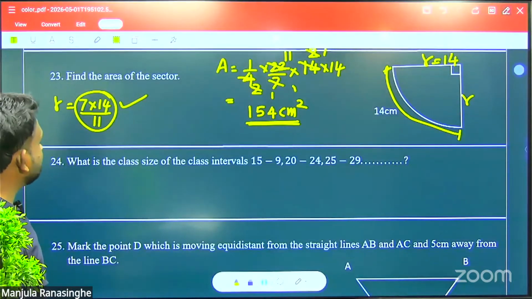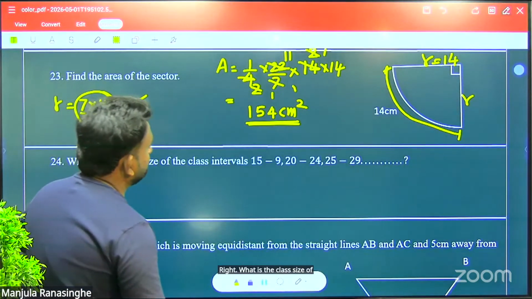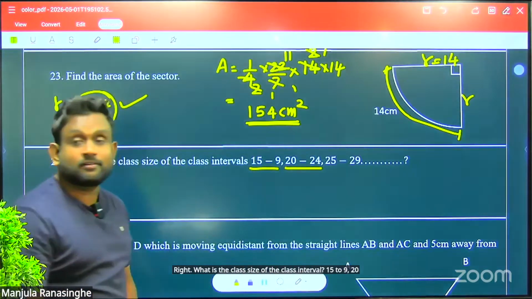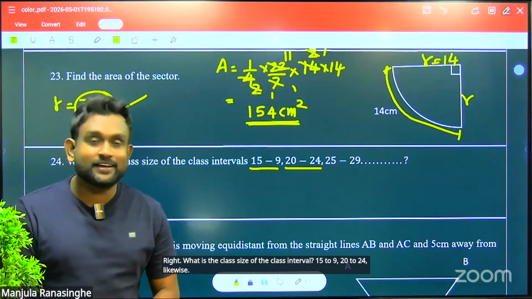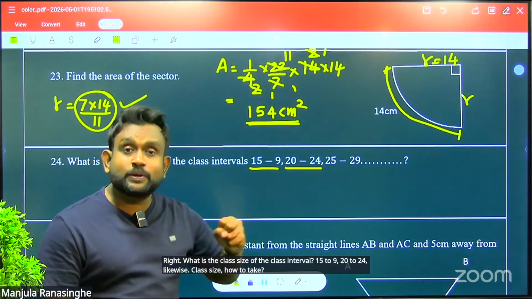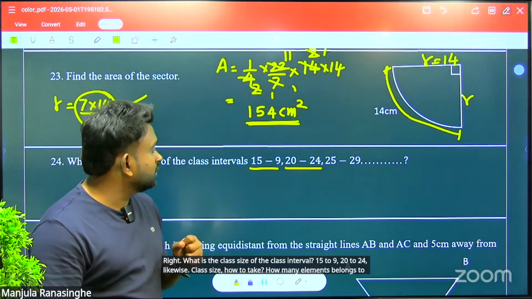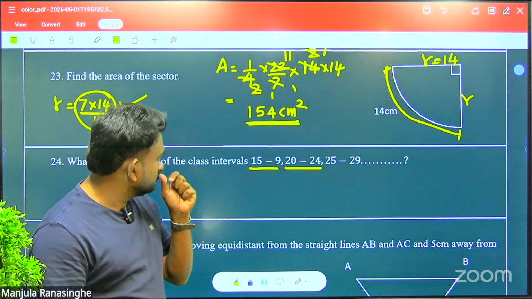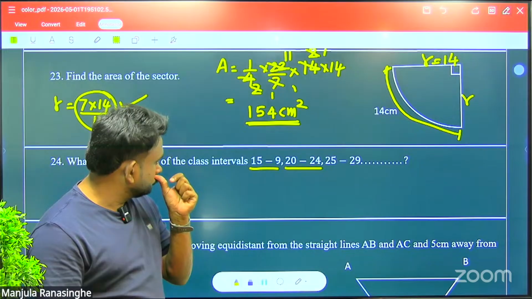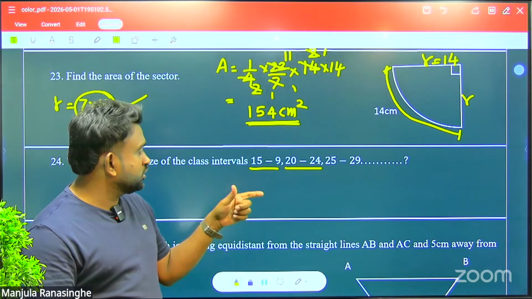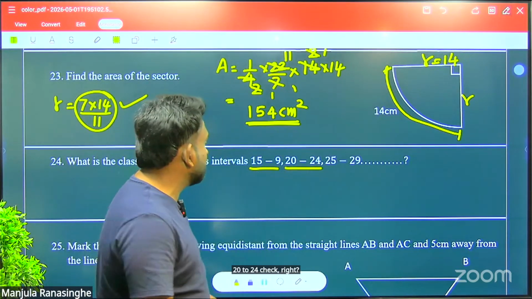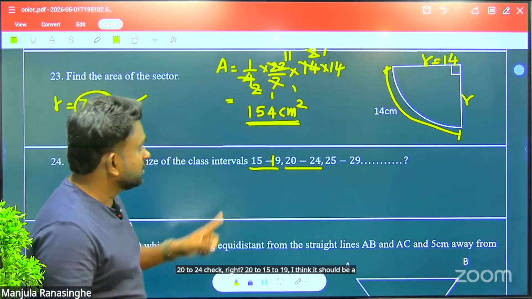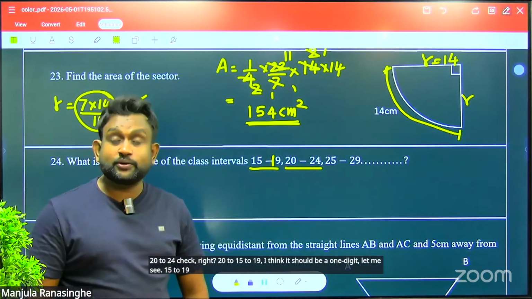Right. What is the class size of the class interval 15 to 19, 20 to 24? Likewise, how to take the class size? How many elements belong to 20 to 24? Check. 15 to 19, then 20 to 24.